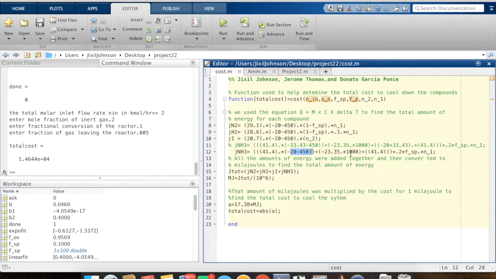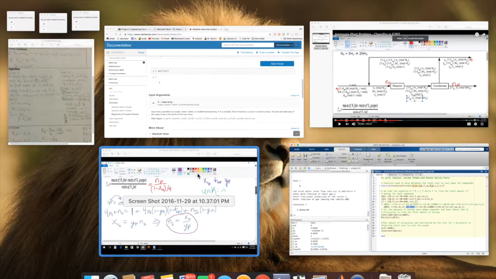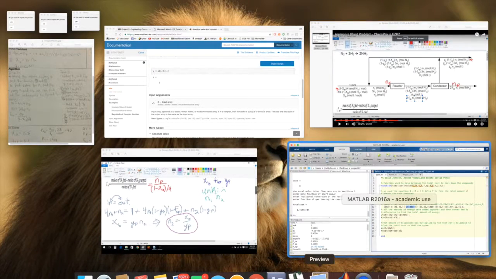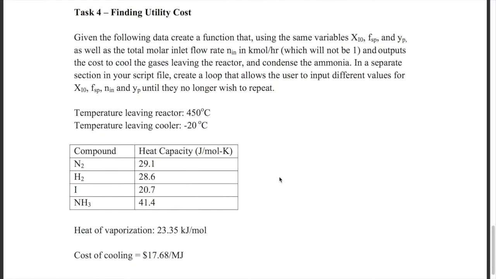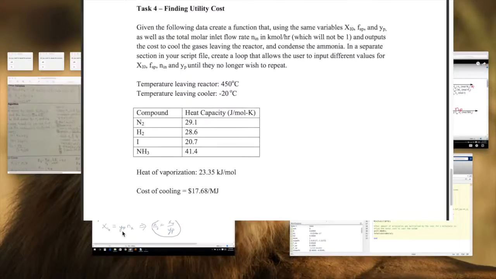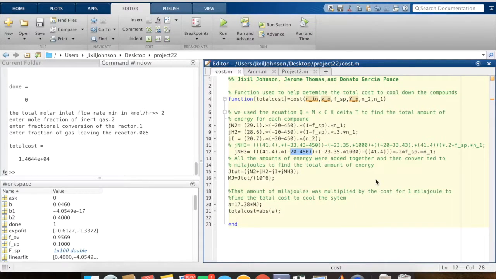The addition of the heat of vaporization, which you have to multiply by 1,000 because it's given in kilojoules per mole, and you have to get it in joules, so you have to multiply by 1,000 to get it in joules.